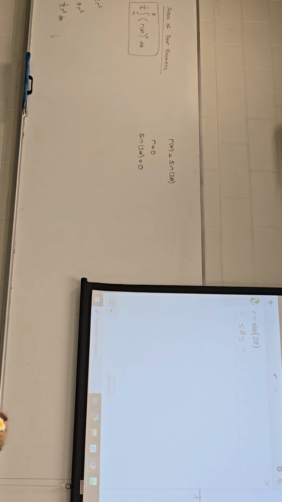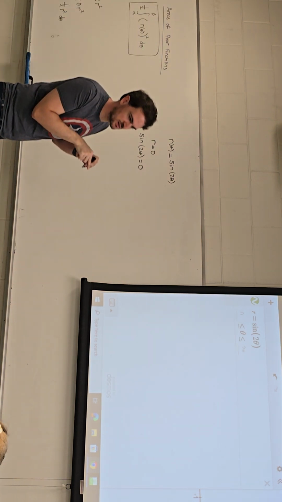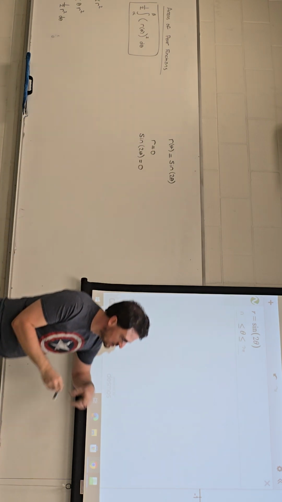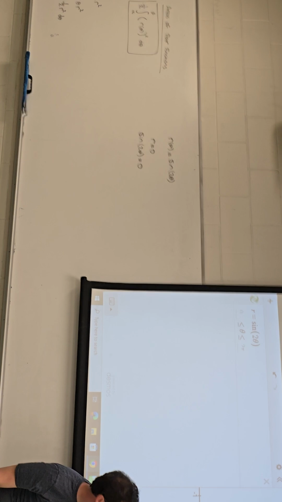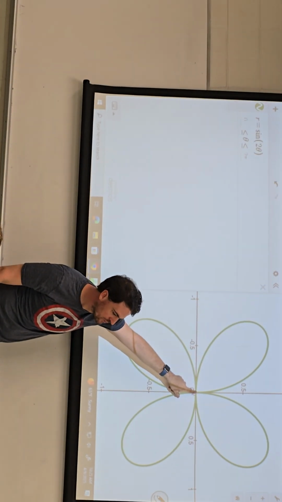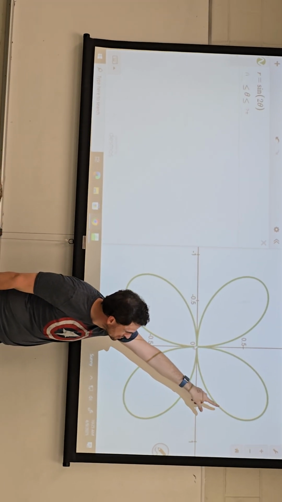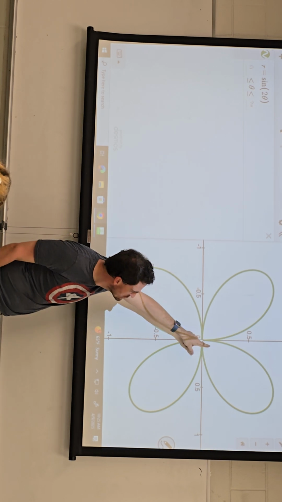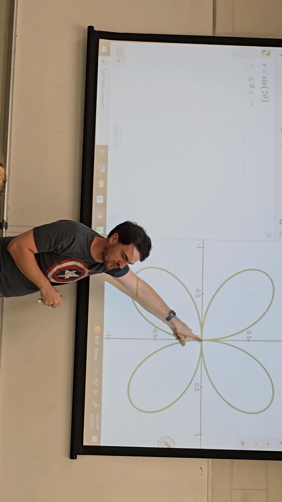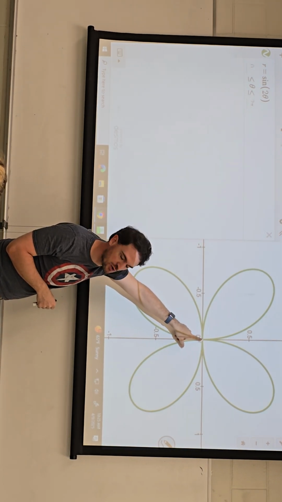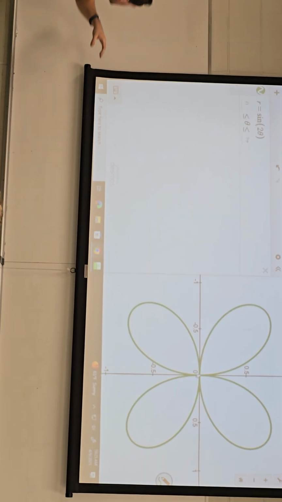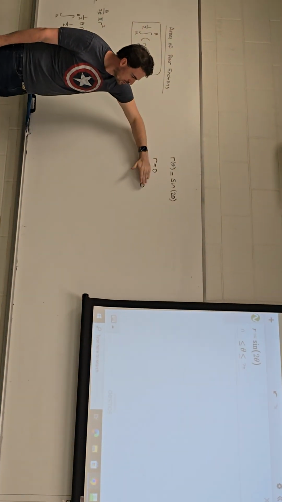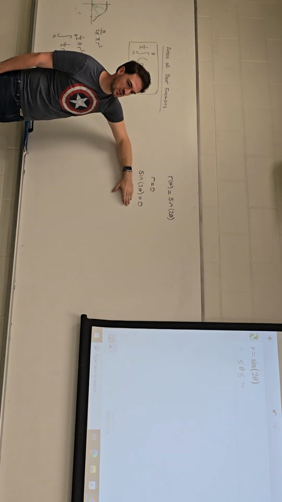I want where a petal starts and ends. And the way that the geometry of the system works is a radius of 0 means you're at the pole. So if I'm sweeping out, I'm drawing a petal, I have finished the petal when the radius equals 0 again. So to solve for where that happens, we can set the equation equal to 0.